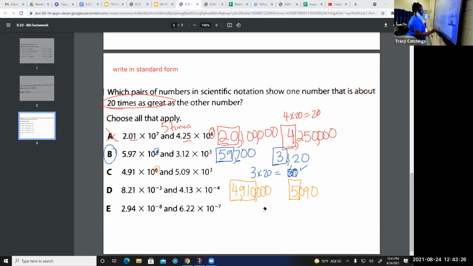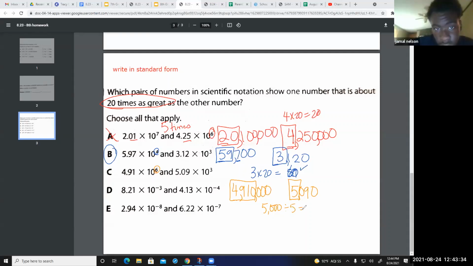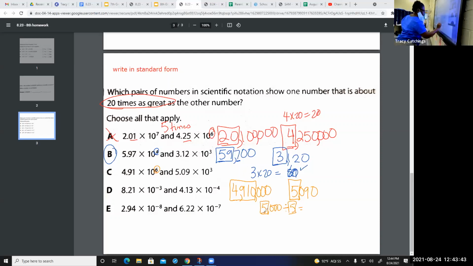We can round 4,900 to 5,000. If I take 5,000 and divide it by 5, what will we get? 5,000 divided by 5. What's 5 divided by 5? It's going to equal 1,000. 5 divided by 5 is 1, and we have 3 zeros, so tag them along. So that one would not work as well.